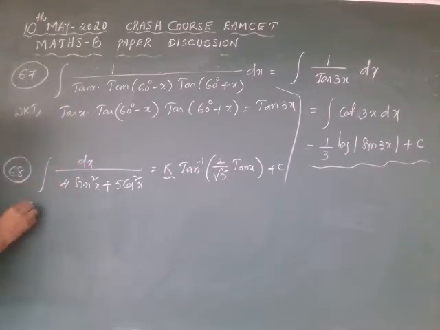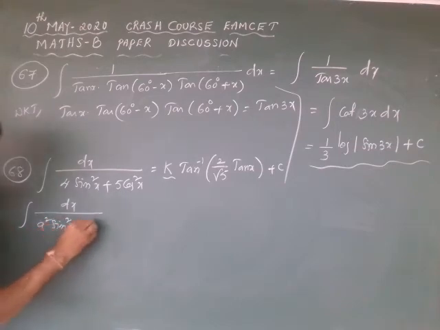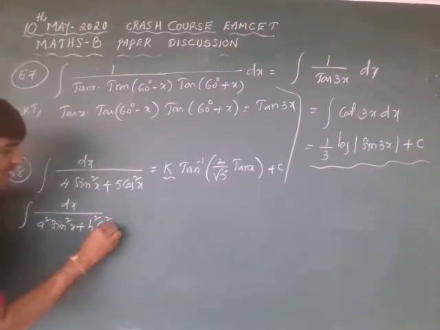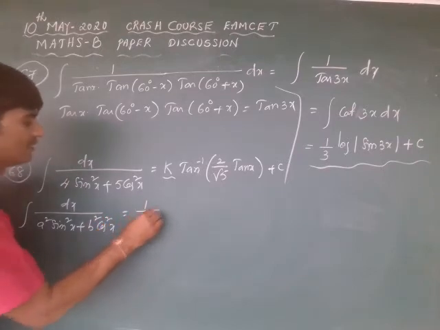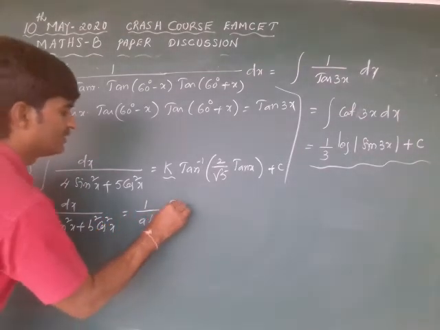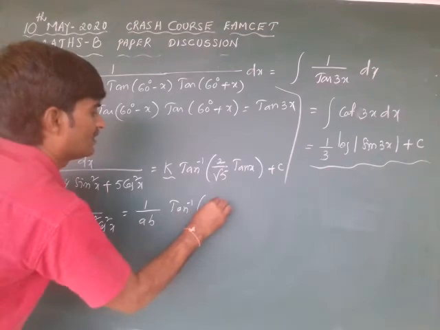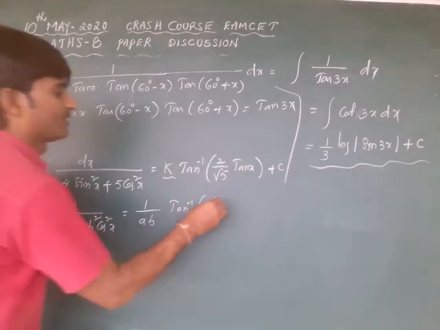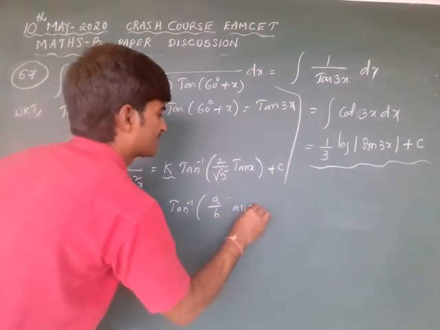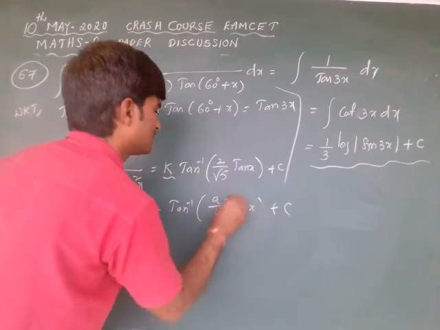Now it looks like integral dx divided by a square sin square x plus b square cos square x is equals to the formula 1 by a into b into tan inverse of a divided by b into tan x plus constant.